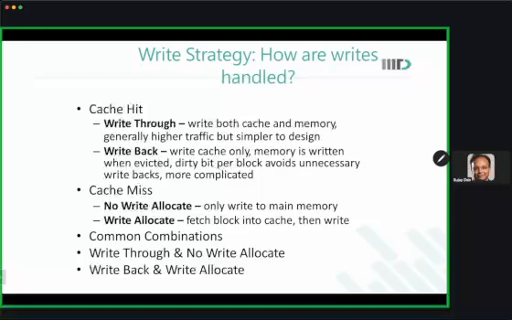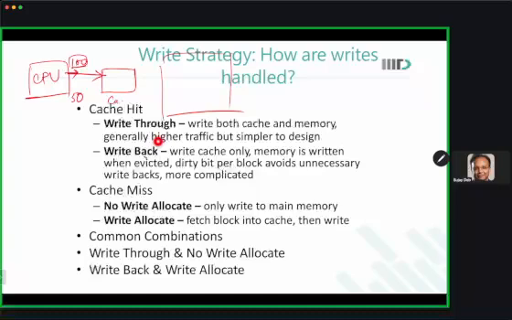Let's say this is my processor, this is main memory, and this is cache. The CPU says go to memory location 100 and update the value to, let's say, 50. It sends this address to my cache and there is a cache hit.